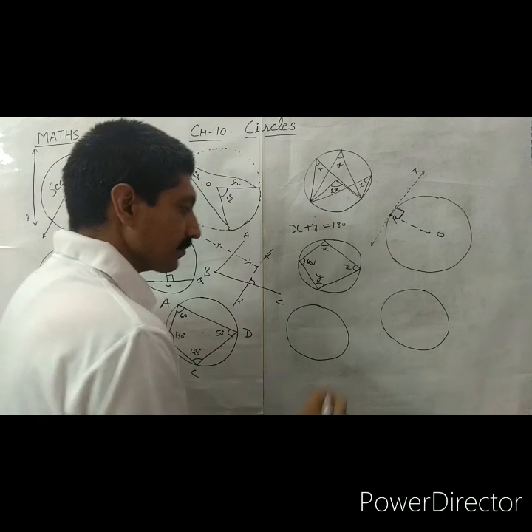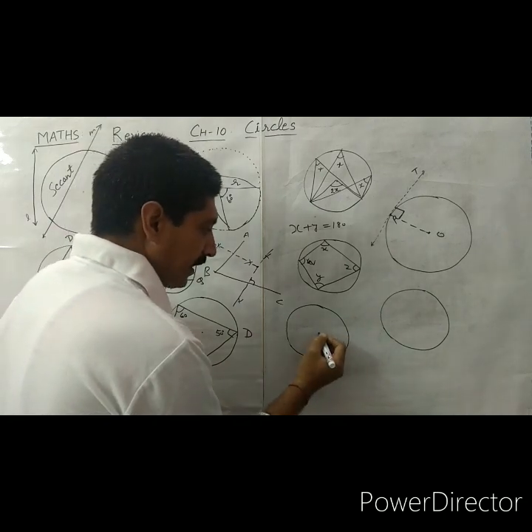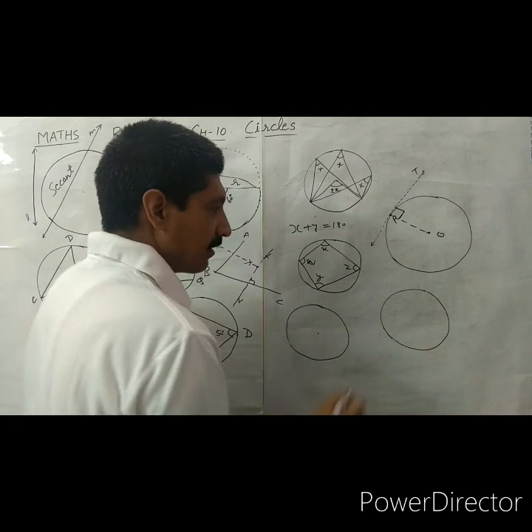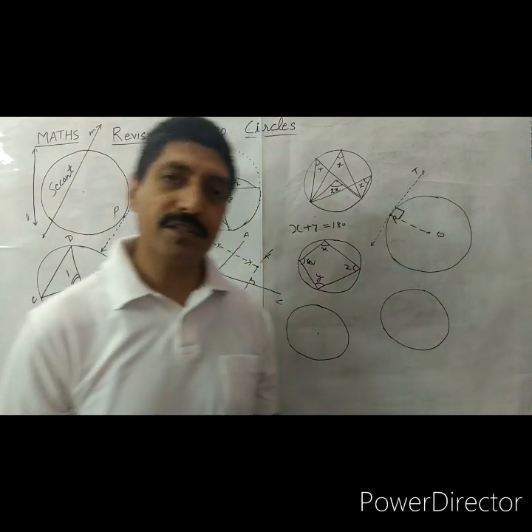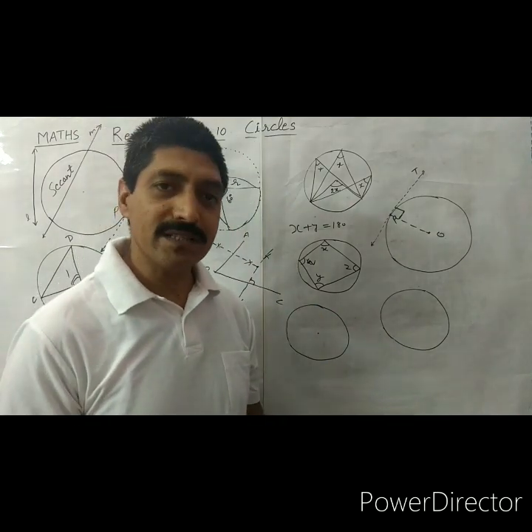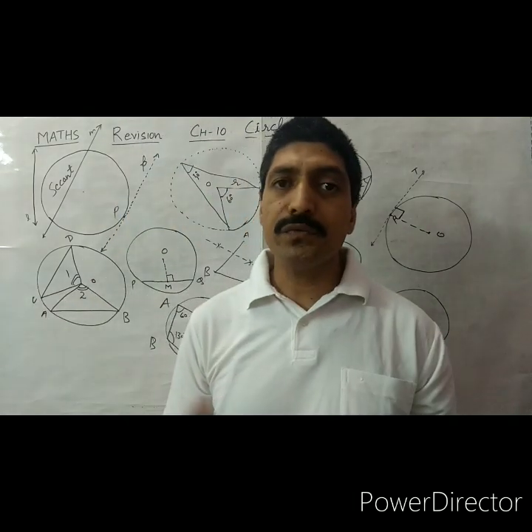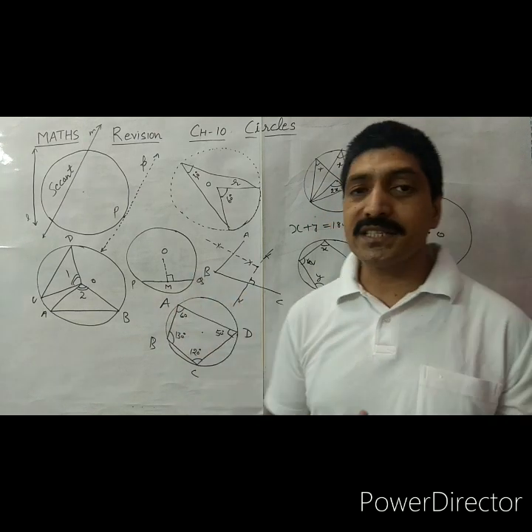Whereas the other property is that the lengths of the pair of tangents from an external point are always equal. So for tangents we have three cases.